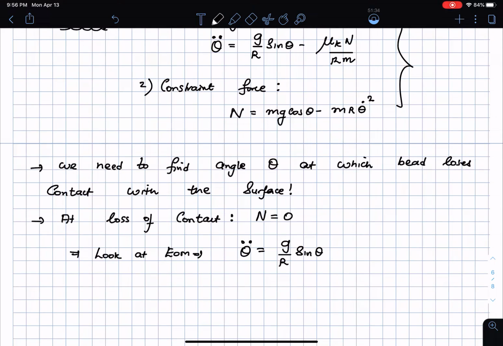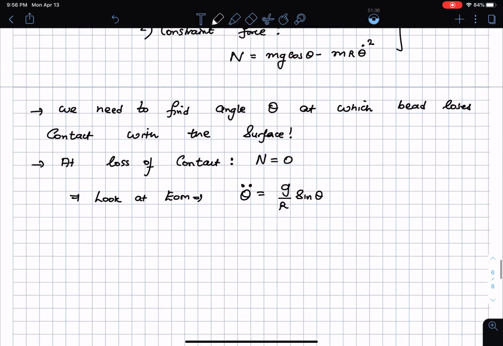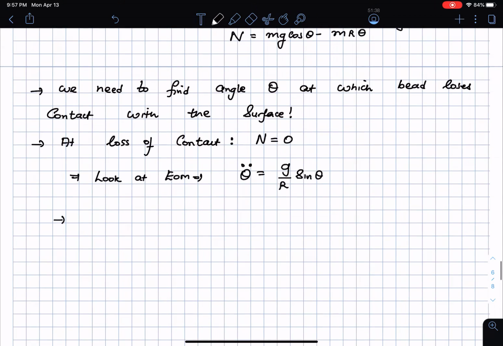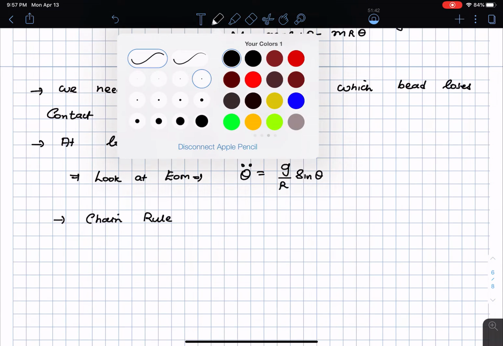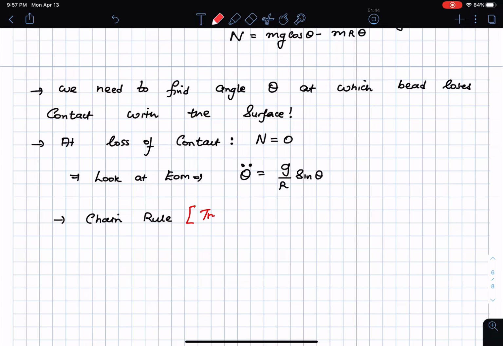This is something that we can also do, and what I'm going to do is apply the chain rule. This is just a trick to use for such problems. And what is the chain rule?